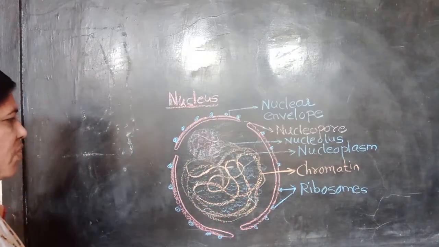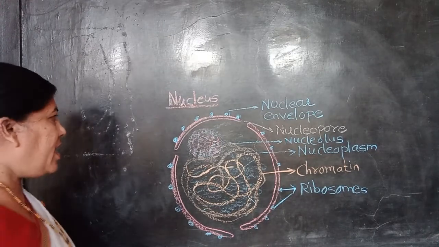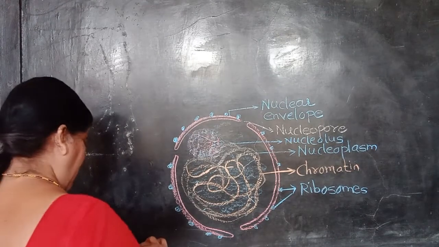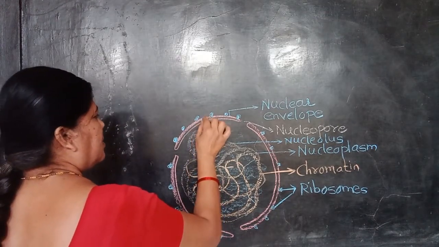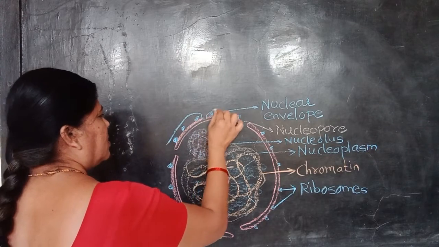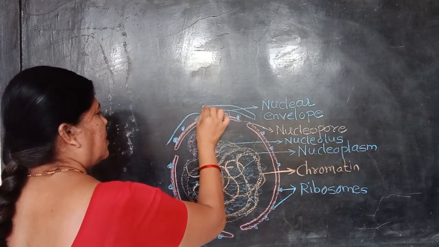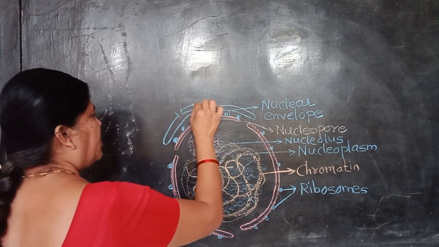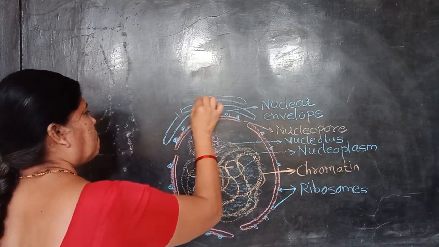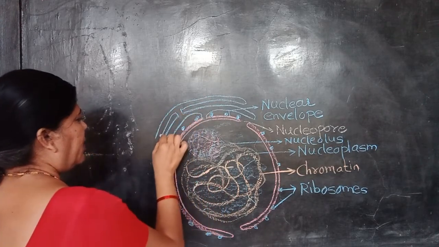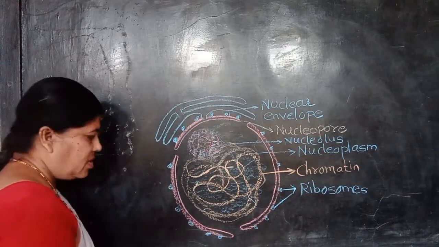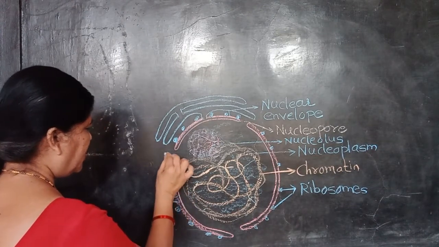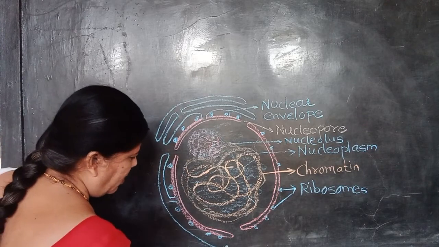And this nuclear envelope is connected to the endoplasmic reticulum. This is endoplasmic reticulum, like this. So the nuclear envelope is connected to the endoplasmic reticulum. Here also we can draw endoplasmic reticulum.